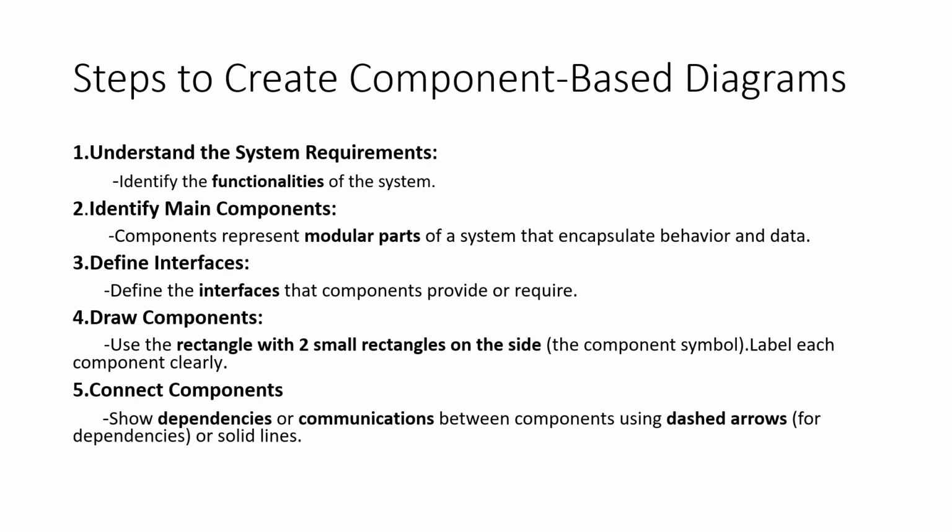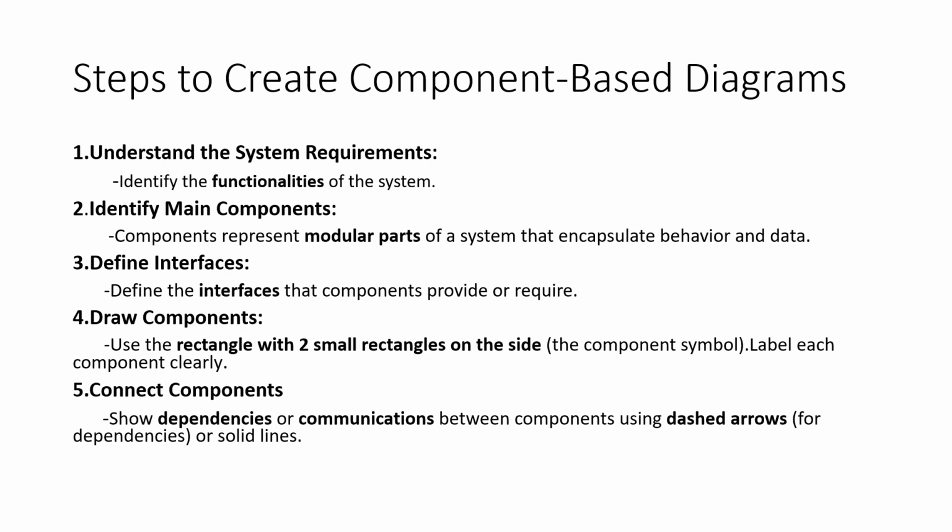There are five steps to creating a component diagram. At first, we should identify the functionalities of the system. In the second step, after identifying the functionalities of the system, we will divide the system into multiple functional components.